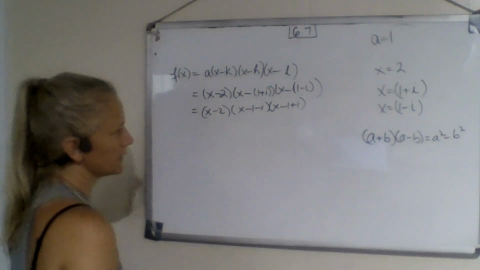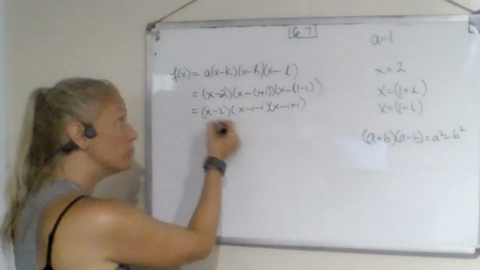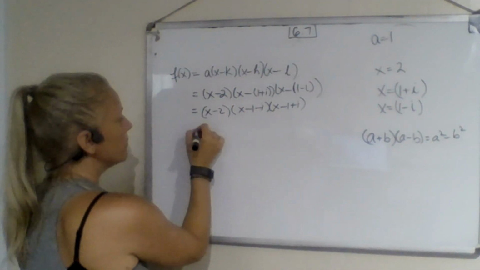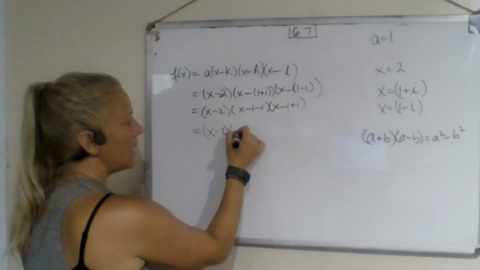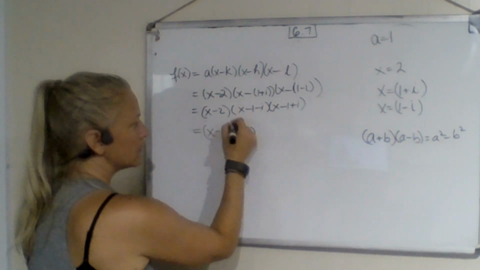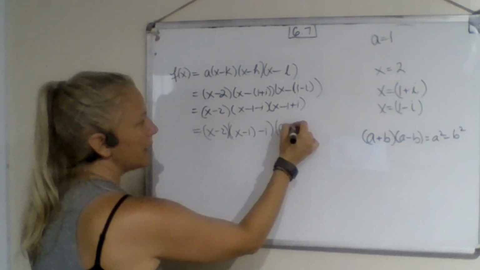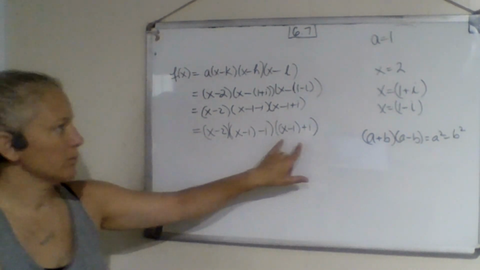Now let me ask you this. This is going to be a long way to do it. You can just do it one by one and then one by one. But if you look at this, I can rewrite this as x minus 2 parentheses times x minus 1 minus I, and then x minus 1 plus I, right? I can just group them.